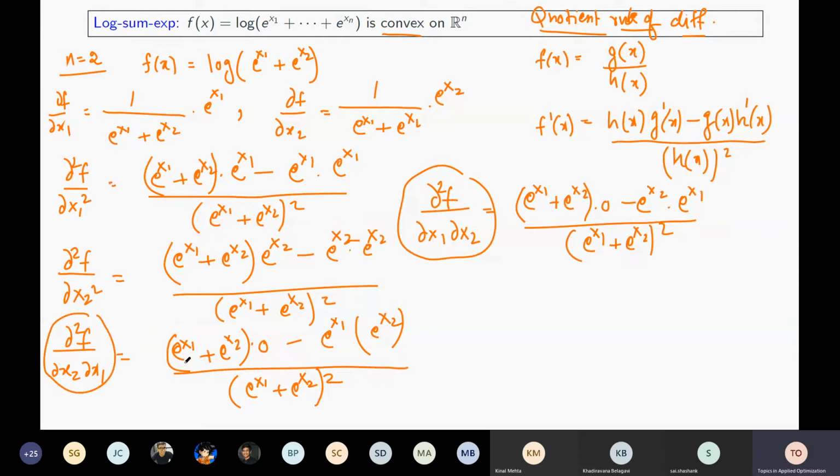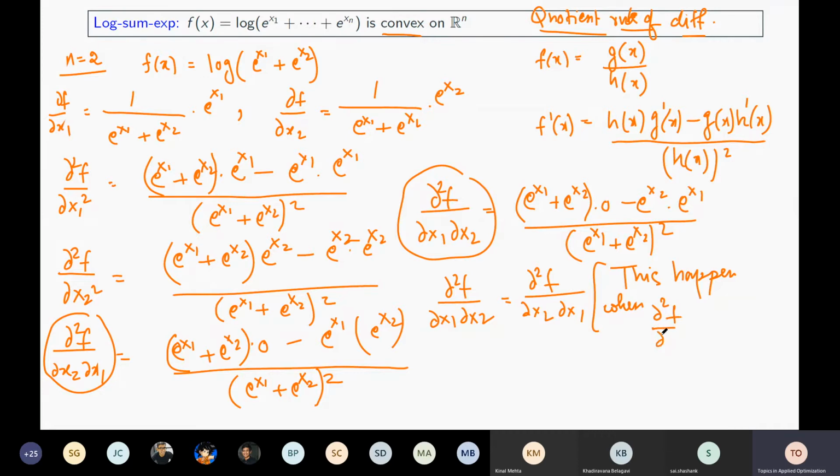The mixed partial derivatives are equal, and this happens when the partial derivatives are continuous.